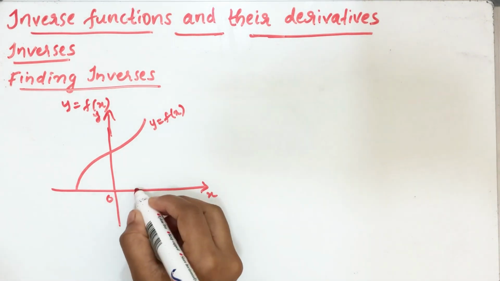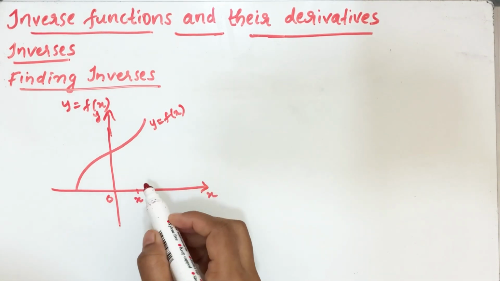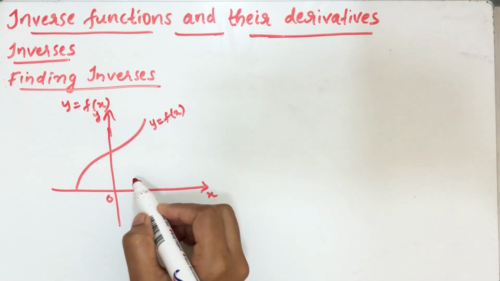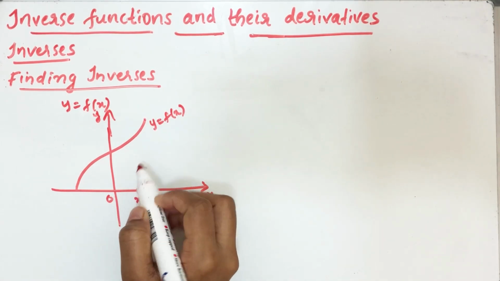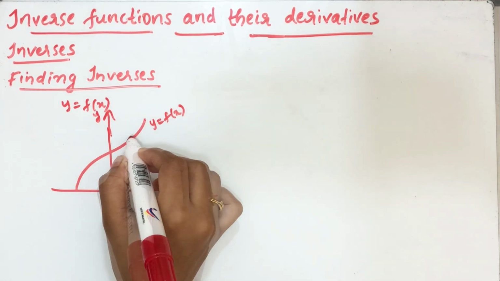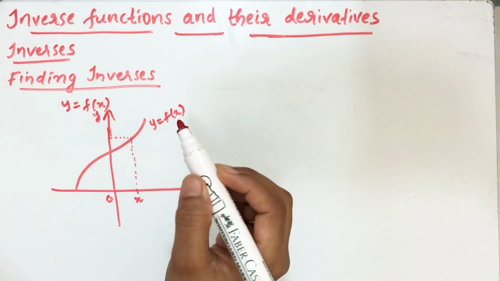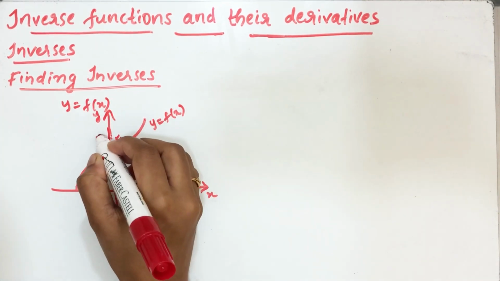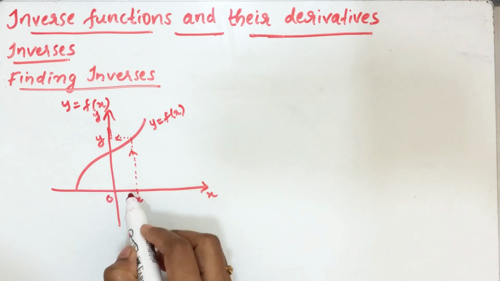If we have a point x, how will you find the value of f at x? We will start at x on the x-axis, go up to the curve, and go over to the y-axis. That is, we will go like this. This is the value of f at x.